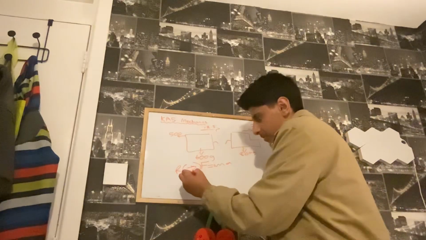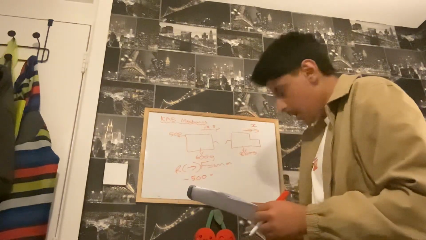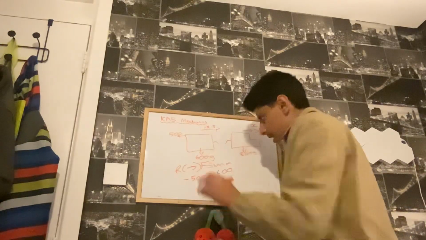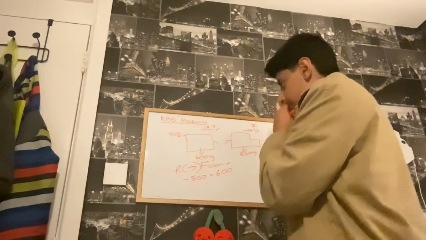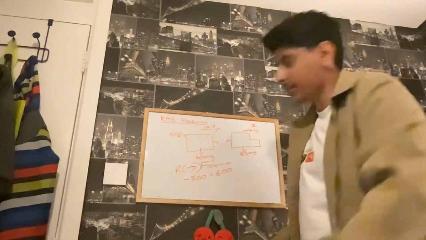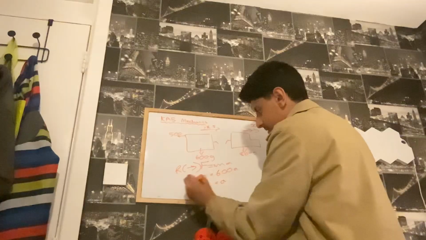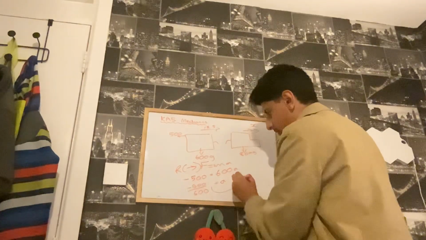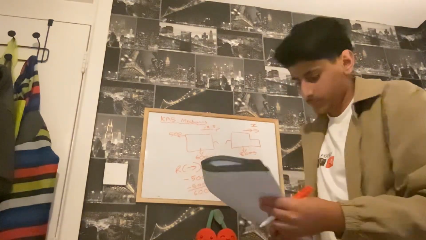I said this before. It will be negative 500. And the mass is 600. We don't know the acceleration. So find the acceleration: minus 500 divided by 600. In other words, that's minus 5 over 6. Easy peasy.